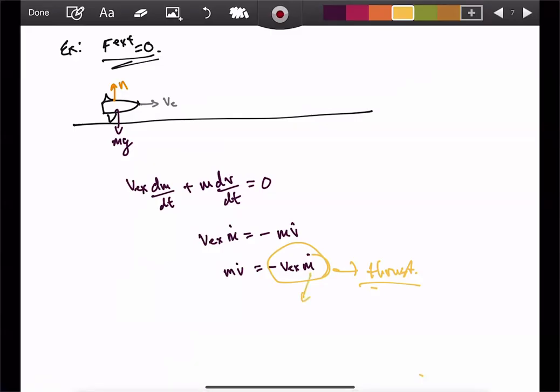This term here, m dot, is the rate at which the rocket is burning or ejecting fuel.